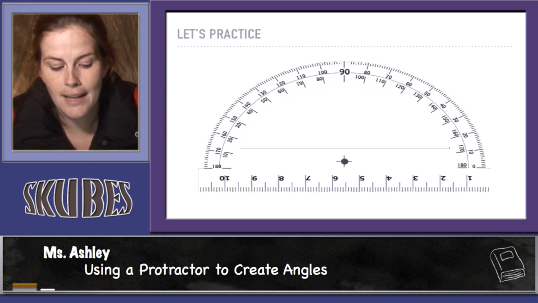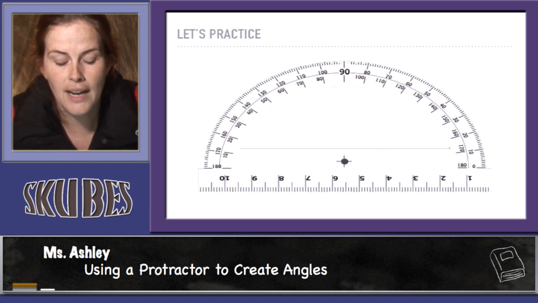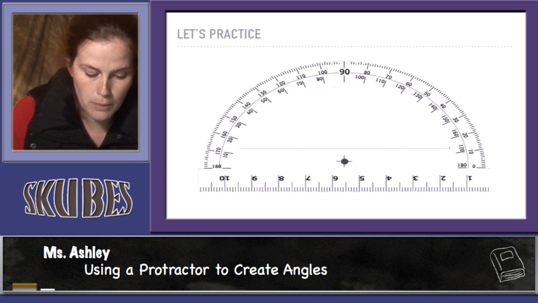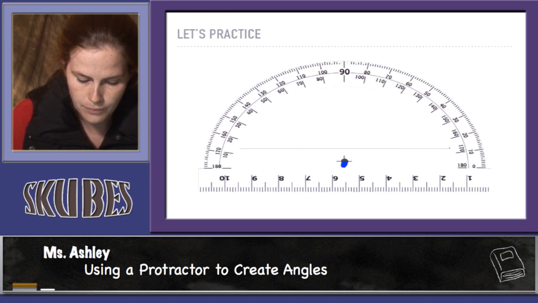This time, let's make a 70-degree angle, and we're going to have it open up to the other side this time. So I'm going to go ahead and put my vertex in the center of the protractor. Now, since I'm opening up to the right, I'm going to look at the 0 on this side and draw my bottom ray.